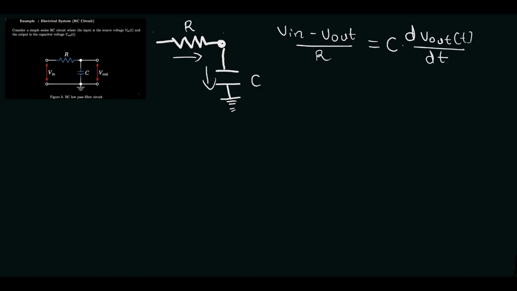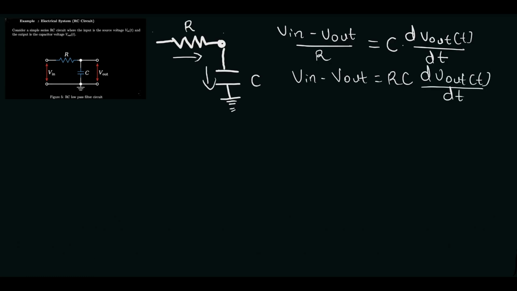Making Vin the subject of the formula, cross multiply, that will be Vin minus Vout equals RC times the differential of Vout over dt.